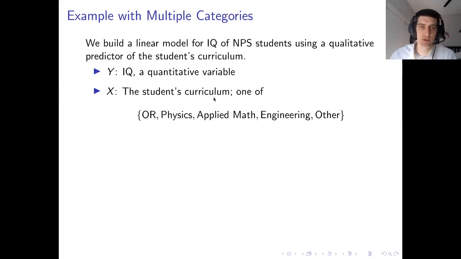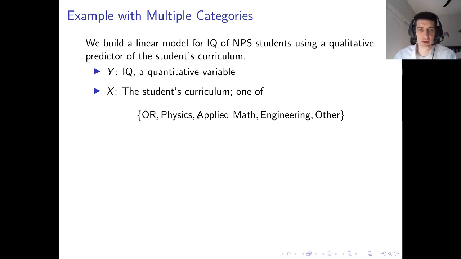So here's an example. Same idea, we're going to build a linear model for IQ of MPS students using students' curriculum as a predictor. We have a quantitative output Y, and then instead of a single category, which is whether the student is in OR, we're going to have 1, 2, 3, 4, 5 categories here.